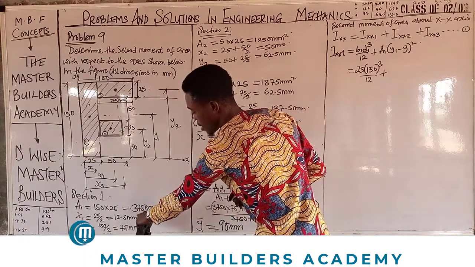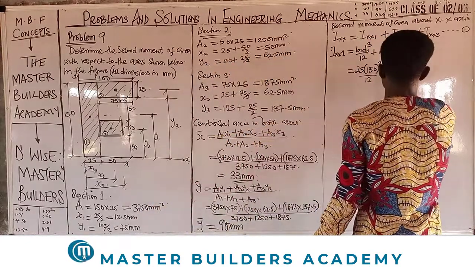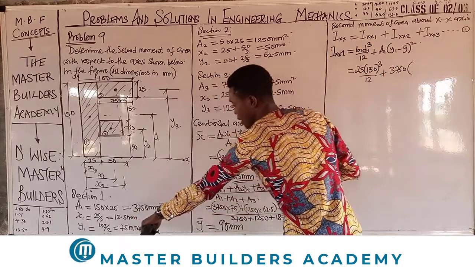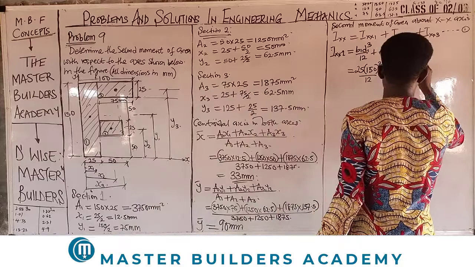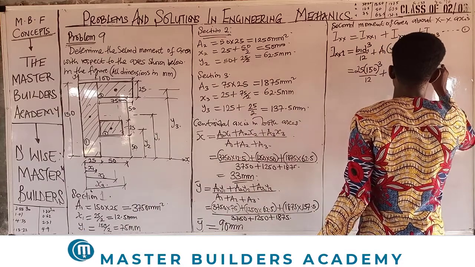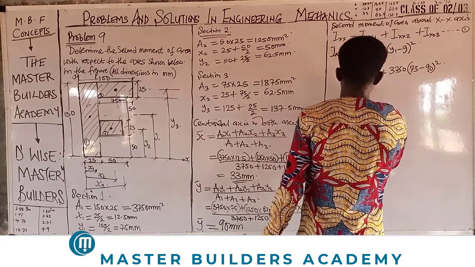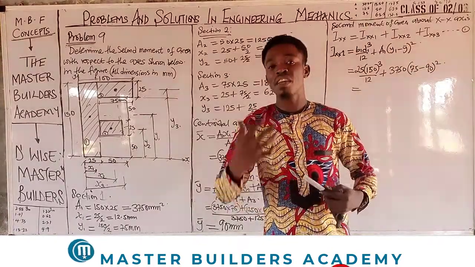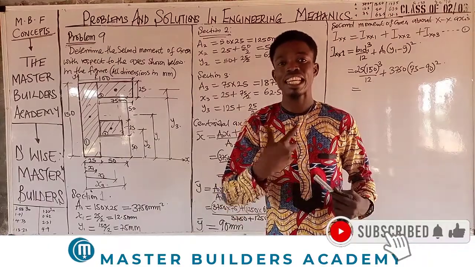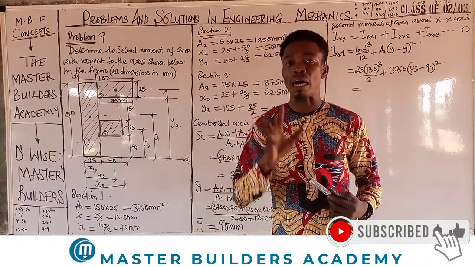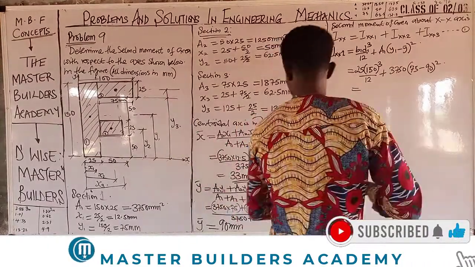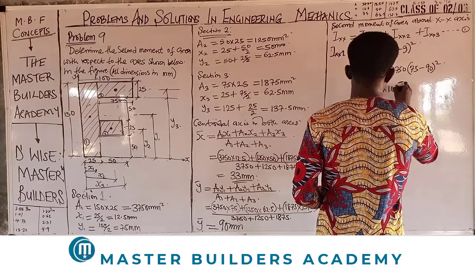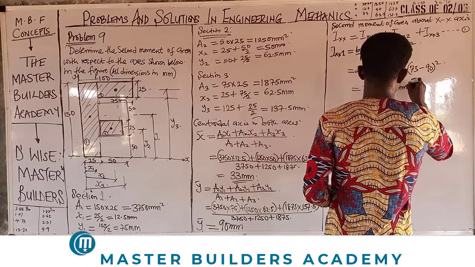Area 1 is 3750 multiplied by y1, 75 minus y bar, 90, all squared. By the time we simplify this with the help of our scientific calculator, we'll definitely have 7.88 times 10 raised to the power of 6 mm to the power of 4.